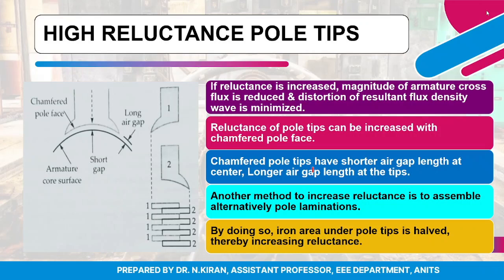The first is by using chamfered pole tips, which have a shorter air gap at the center and a longer air gap at the tips. The second is by assembling the pole laminations alternately, thereby decreasing the iron area under the pole tips. Obviously that will increase my reluctance. This is the first remedy.